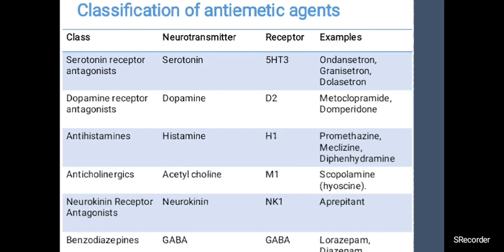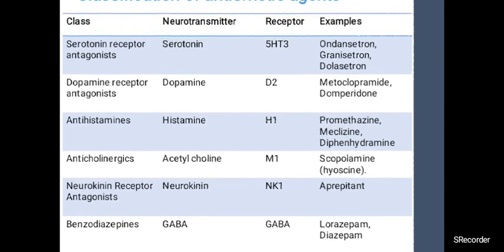We also have neurokinin receptor antagonists, which act on the NK1 receptors. We have aprepitant. Then lastly, we have the benzodiazepines, which act on the GABA receptors. Here we have lorazepam and diazepam.